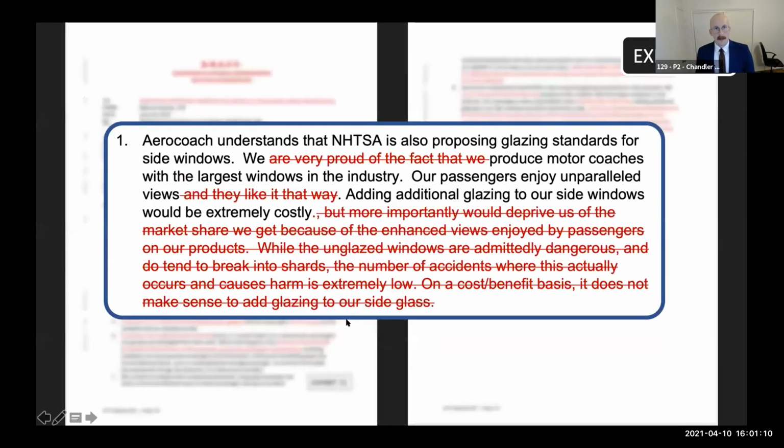Now, what does the defendant say about the safety of unglazed glass? He says that the unglazed glass is admittedly dangerous. What does the defendant say about the tendency of unglazed glass? It tends to break in shards, which is consistent with my testimony.